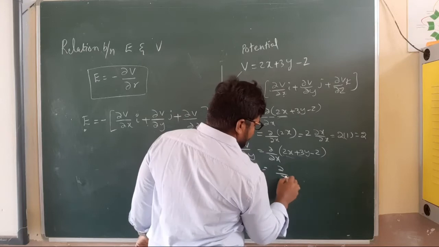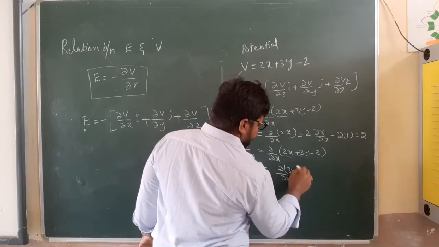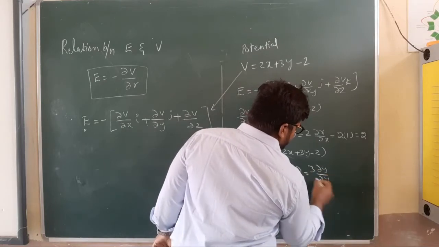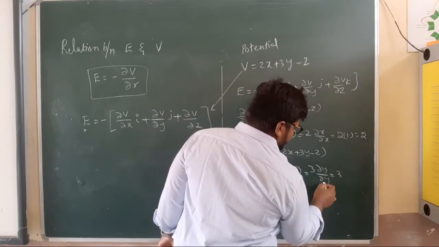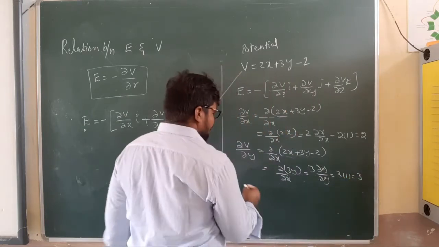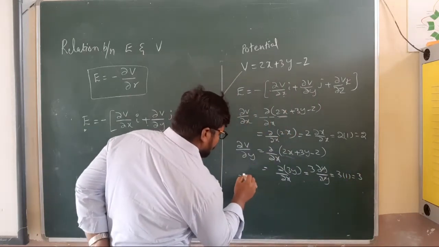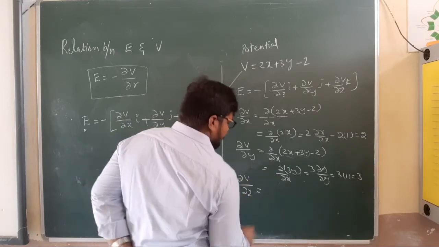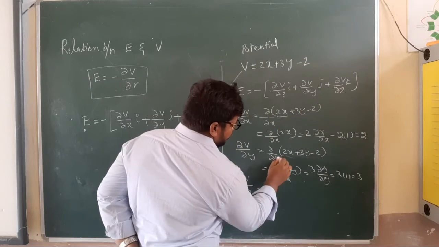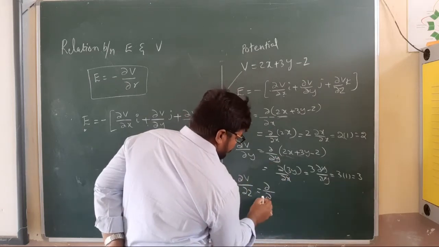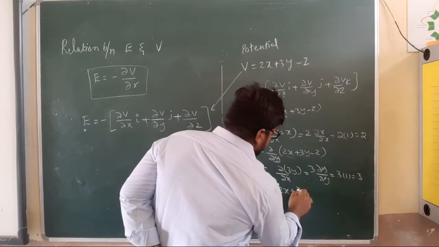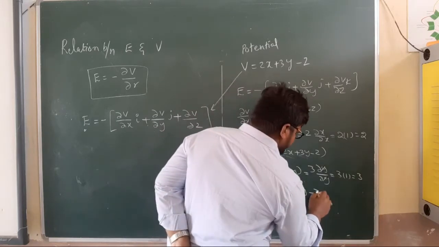So dou by dou y of 3y is 3 into dou y by dou y, and dou y by dou y is 1, so 3. And for the last, dou V by dou z is dou by dou z of 2x plus 3y minus z.